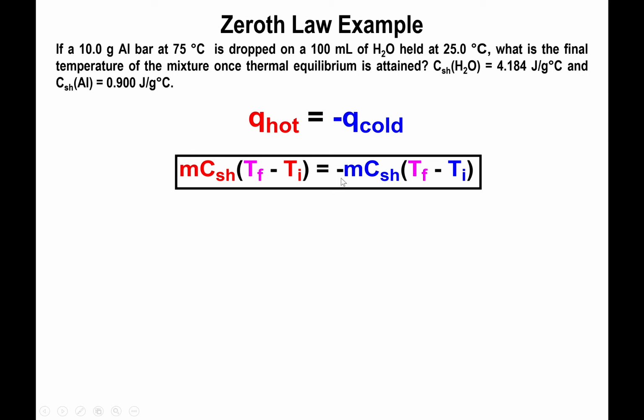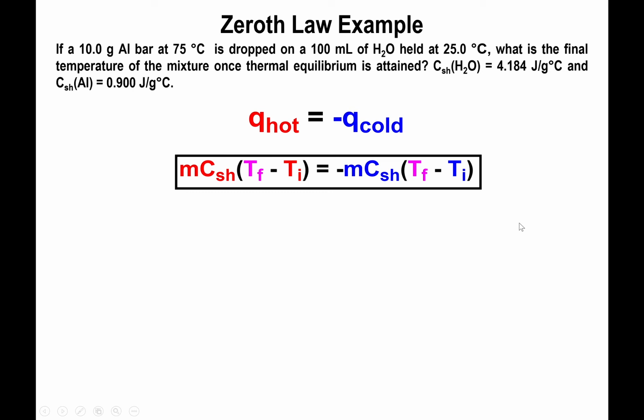If you forget to introduce this negative, you will mess up the problem and you might end up with answers that are completely nonsensical, like ending up with temperatures that are higher than what you started with. That's not going to happen. So be careful not to forget that negative. If you do, you're kind of done for.